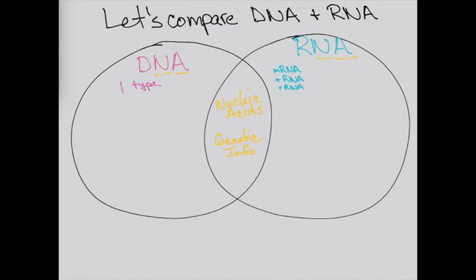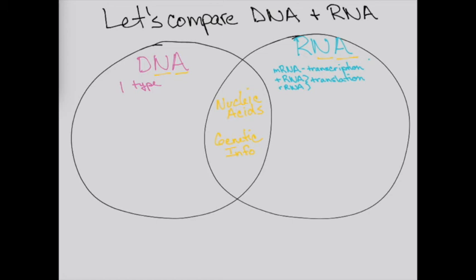RNA has multiple types. So RNA has mRNA. If you're going to transcribe it to make a protein, you need mRNA. That's the molecule that reads the DNA. I mean, that's not true. That's the molecule that is created once the DNA is read. That's what I want to say.